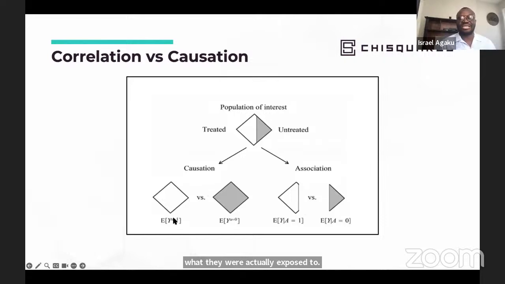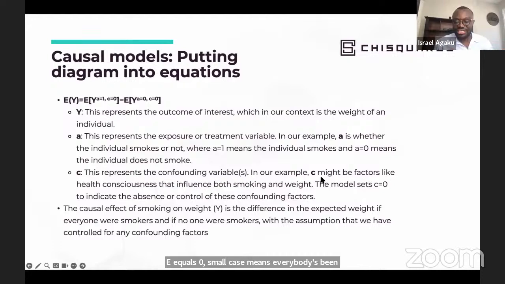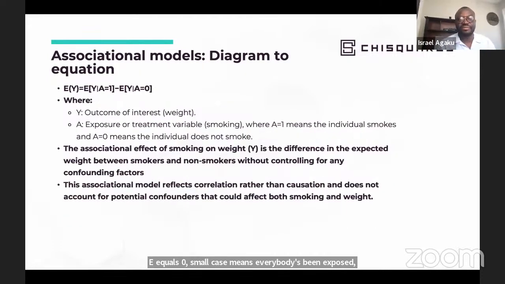When we're talking about counterfactuals, we use lowercase: a equals 1 means everybody is exposed, a equals 0 means everybody is not exposed. So you have to mind your case when you are switching into the world of causal inference.